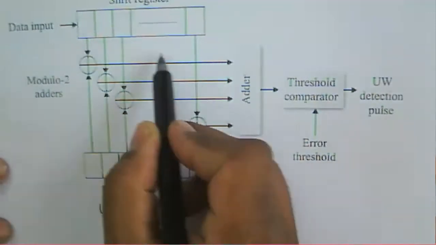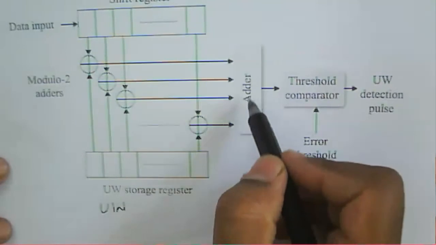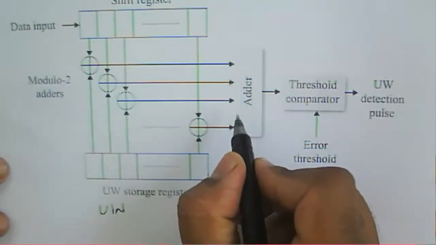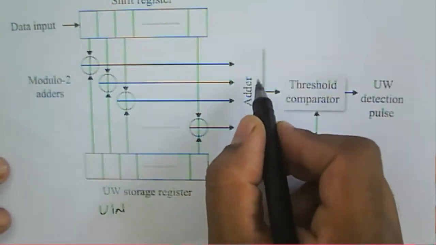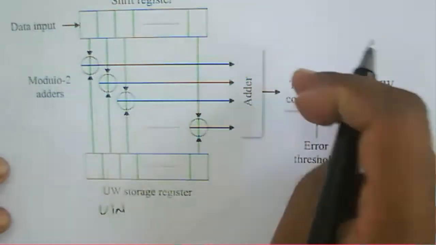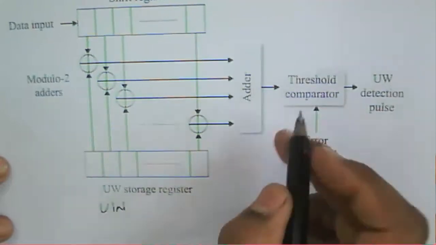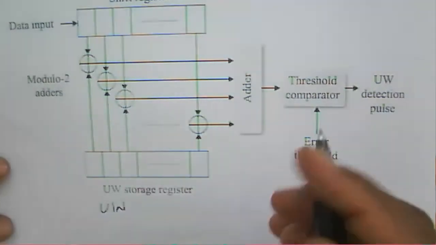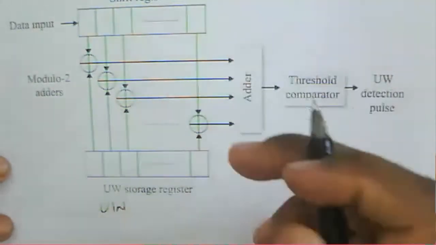Whatever the output we generate through this XOR operation will be added here, and then the output of this particular adder will be compared here. So if the received pattern is exactly the same as the stored pattern, the output of the adder will be equal.